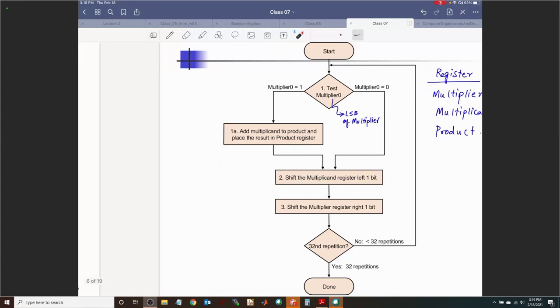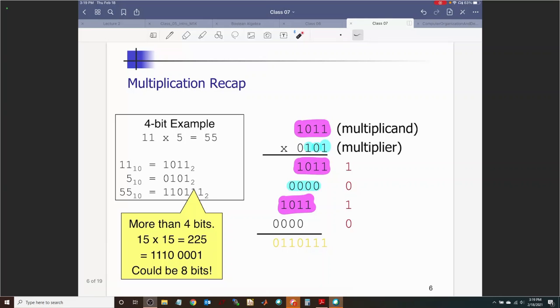So this is like saying I added this, shifted, added this again to what? To the product register, which started at all zeros. Right, so this is your product register.